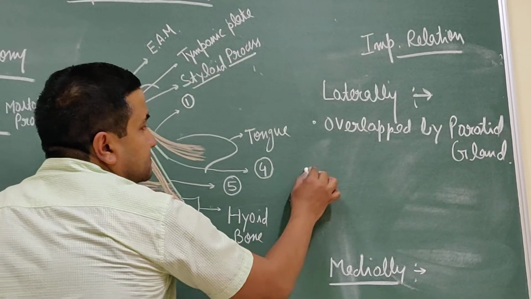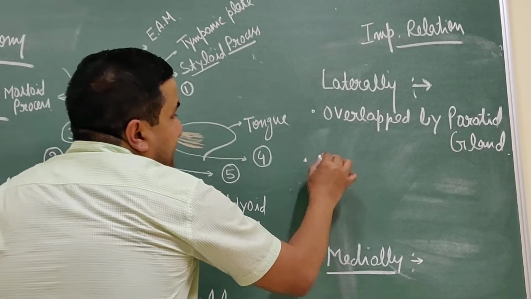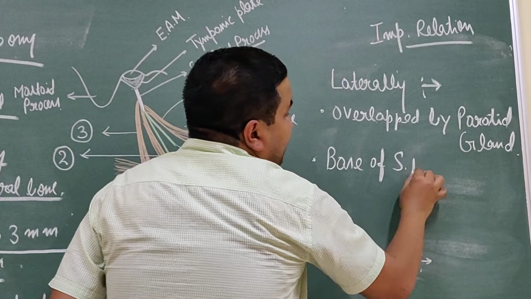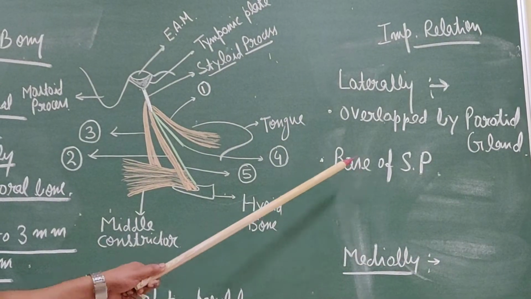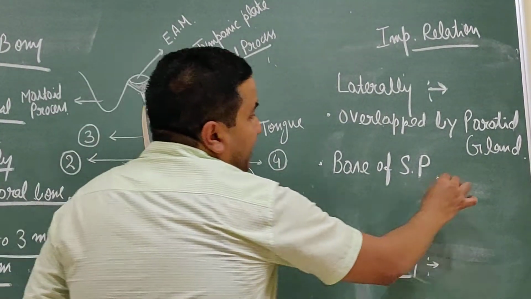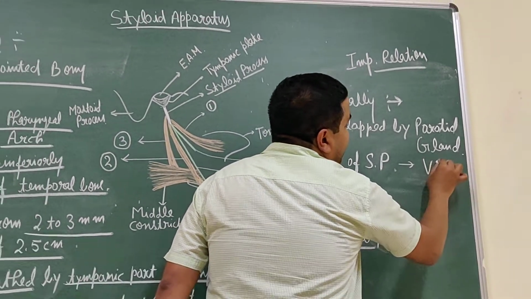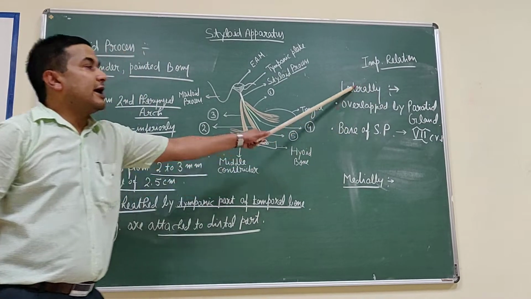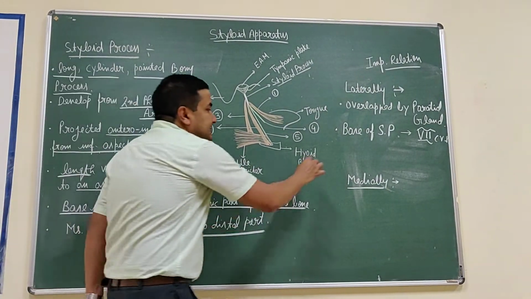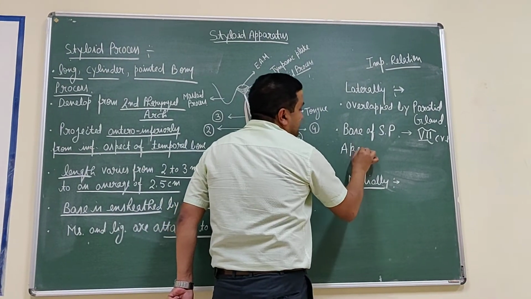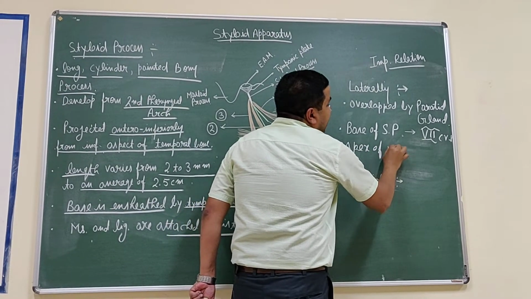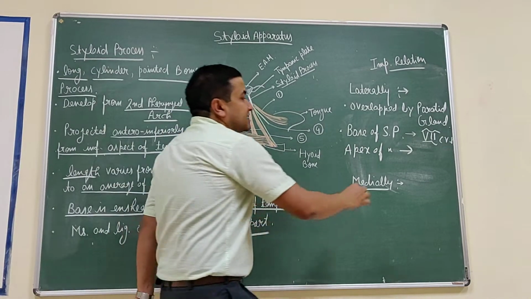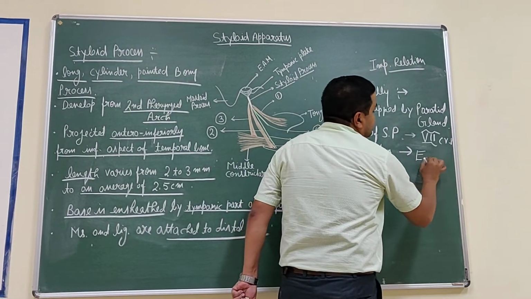So the base of the styloid process is crossed laterally by the facial nerve, the seventh cranial nerve, while its apex is crossed by the external carotid artery.